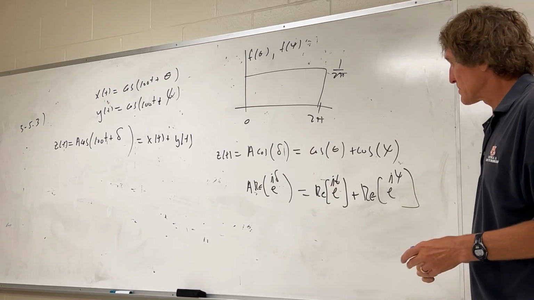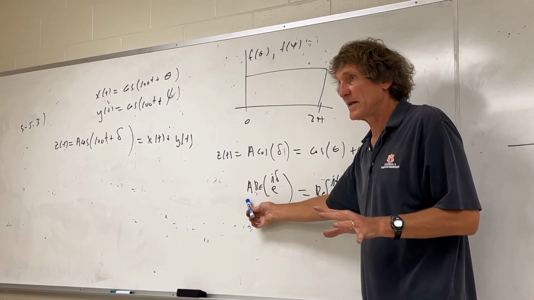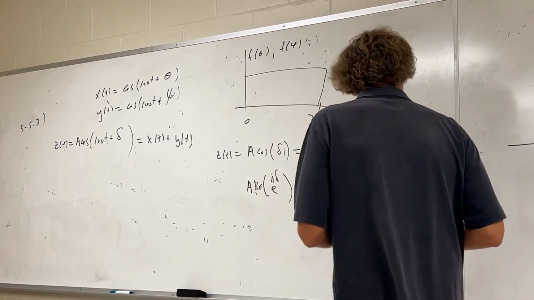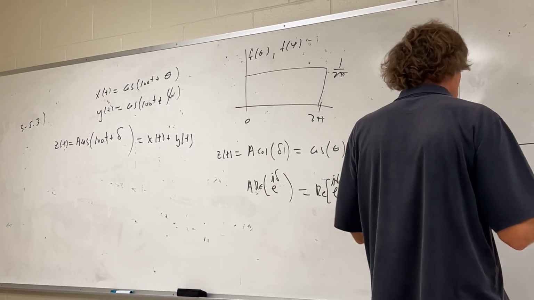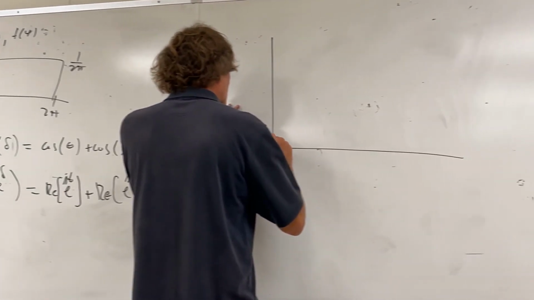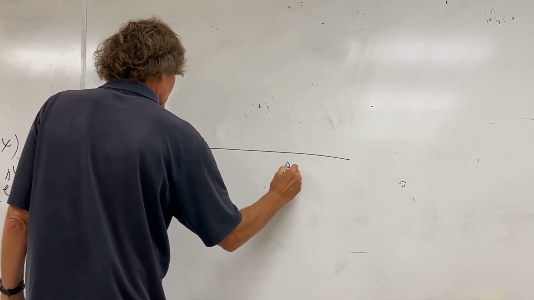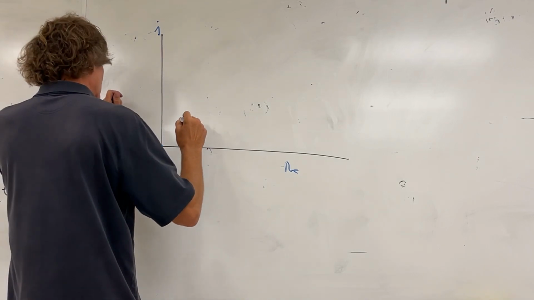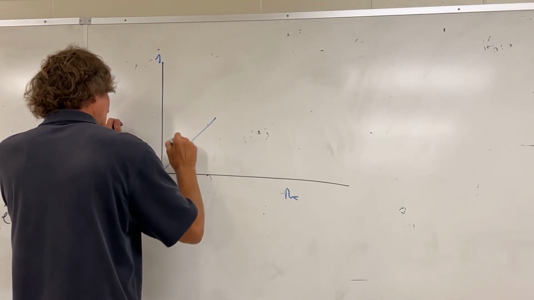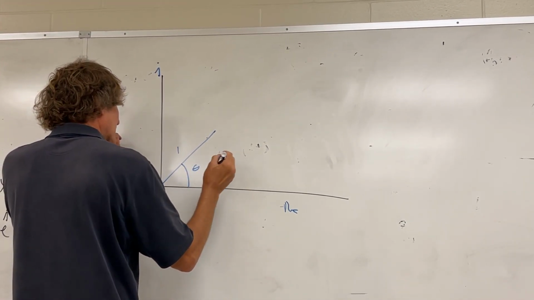I want to do this in the complex plane. Remember, there's a coefficient a that's strictly real in front of that one. So first I do this one. So here's the origin, this is the imaginary axis, this is the real axis. And this has a value e to the j theta, in the complex plane, has a value of 1, this is theta.